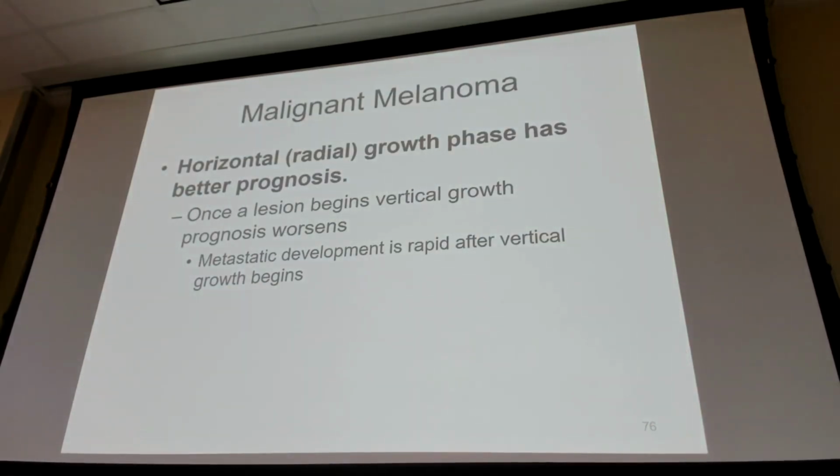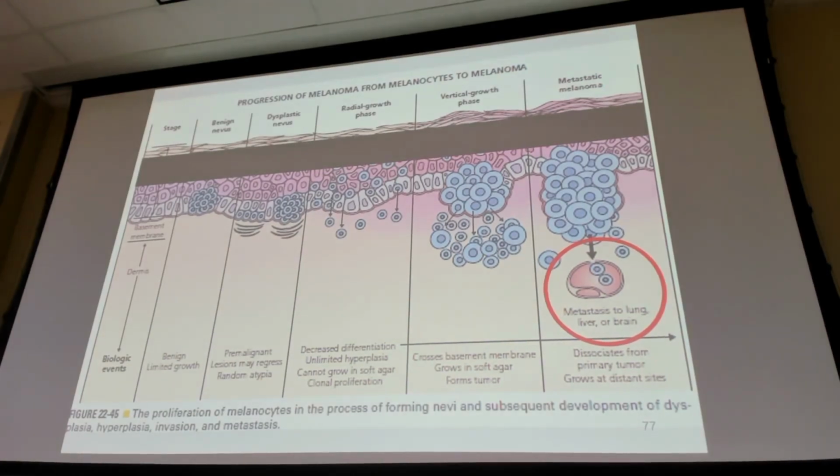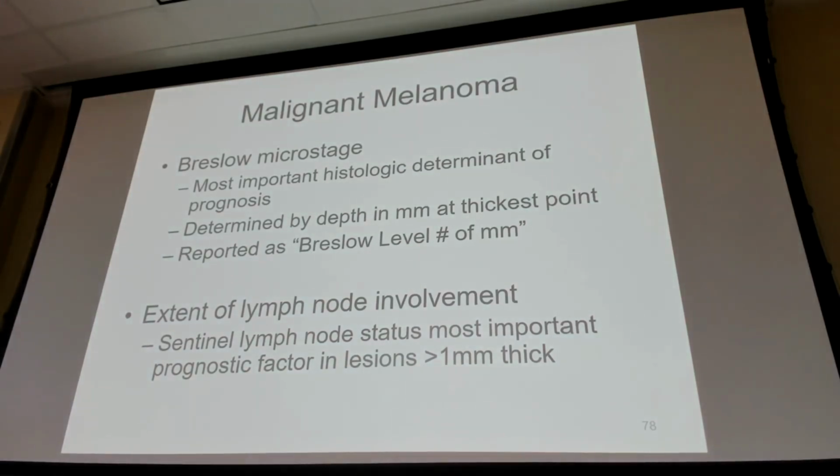Basically stated here, horizontal radial growth phase has a better prognosis. Once that gets into that vertical aspect and it's diving down deep, then the prognosis worsens. They could be having some of that metastatic development. Again, so it's no bueno. Breslow, most important histologic determinant of the prognosis.